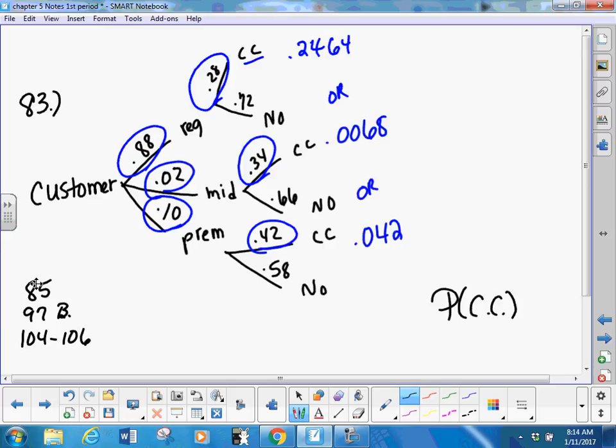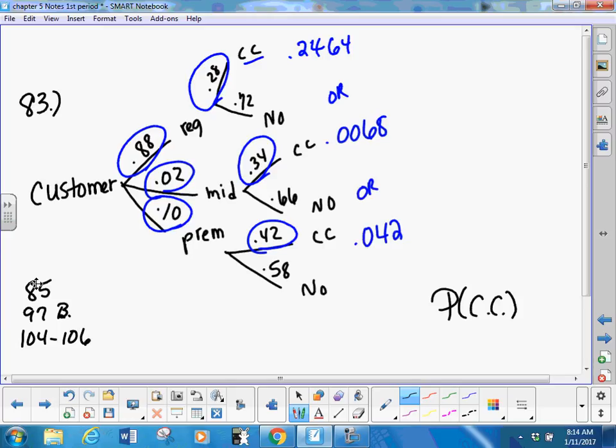For the folks that buy regular, 28% use credit cards, the others do not, so that's 72%. 34 do pay credit card from the mid, 66 no. If you buy premium gas, 42% use a credit card, 58% do not. Okay, so that's how you would set the table up on 83.